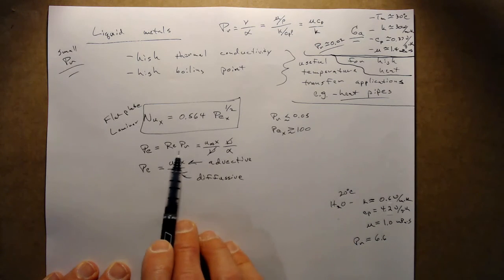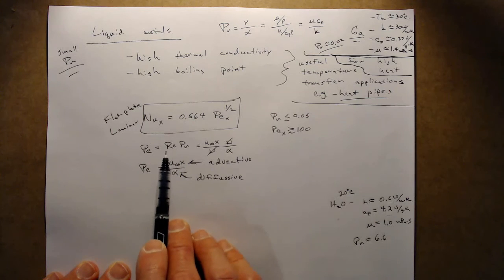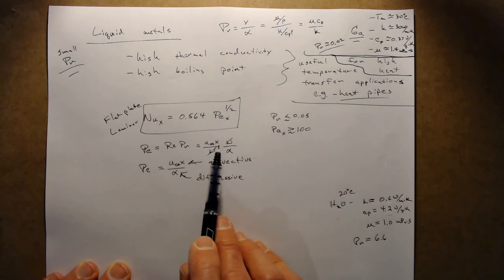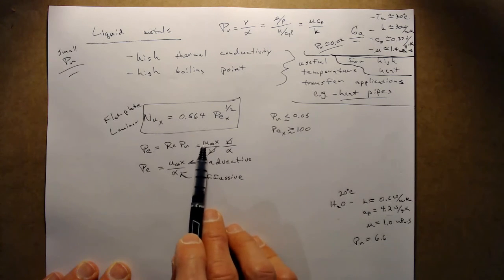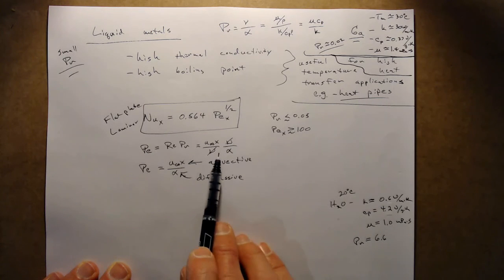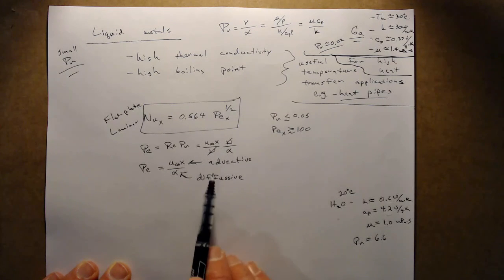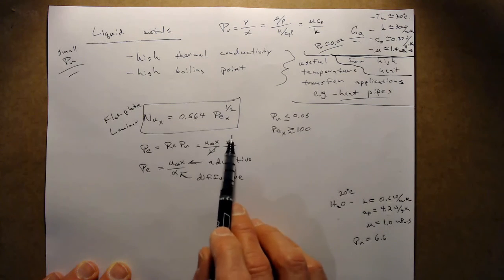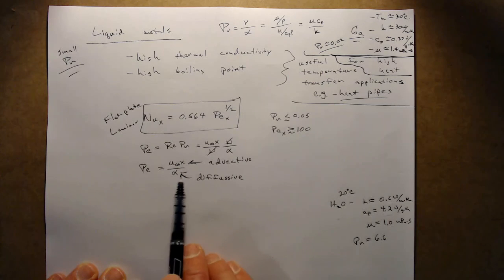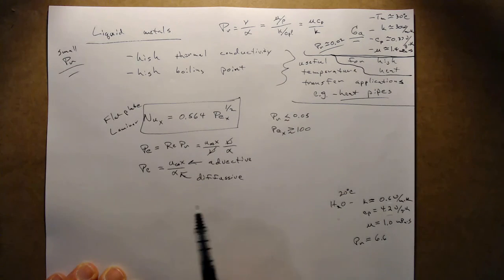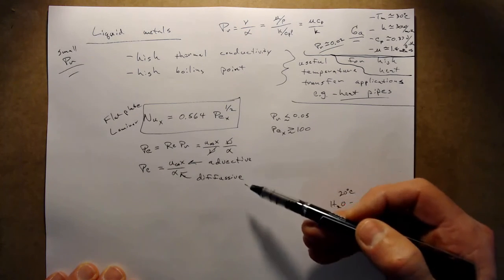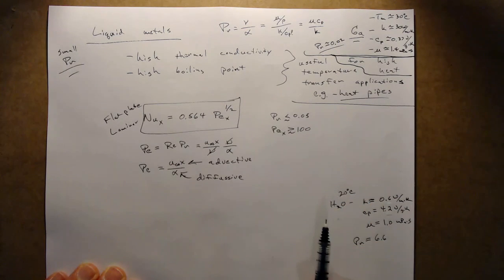And the Peclet number is defined as the Reynolds number times the Prandtl number, or if we expand these out, we can see that this is the free stream velocity times the length scale divided by the thermal diffusivity. Again, the kinematic viscosities cancel from these two terms, and so we're left with this ratio. And like all the dimensionless numbers, this has some physical meaning as the ratio of two quantities.